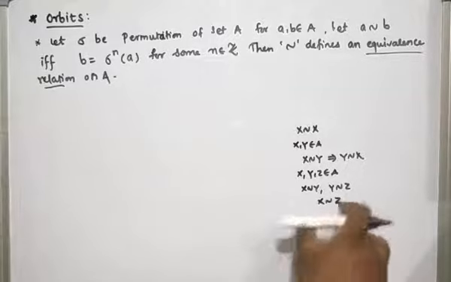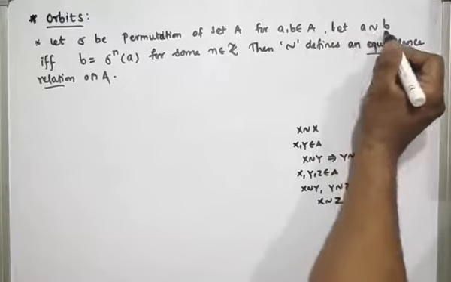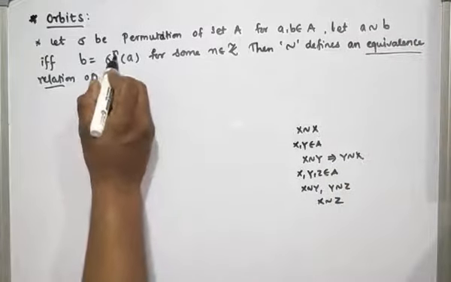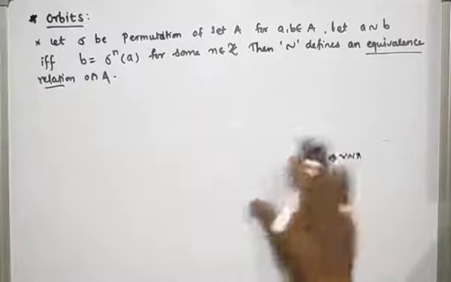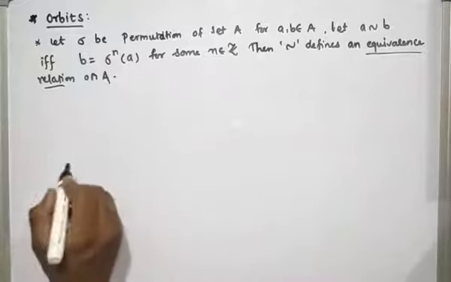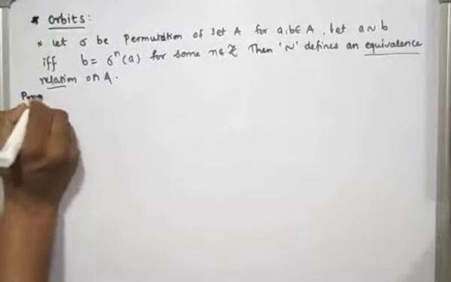So what is defined here? a is equivalent to b if and only if b is nothing but sigma raised to n of a, for n belonging to the set of integers. So let us show that tilde defines an equivalence relation. Proof of that.